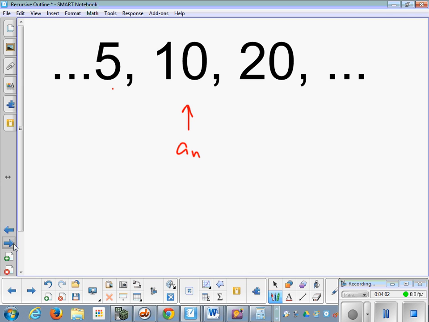I can get to the next term by multiplying by 2. I take this nth term, I multiply by 2, I get the next term. The cool thing about this description is it doesn't matter where I started in my sequence. I can get to the next term here by multiplying by 2.